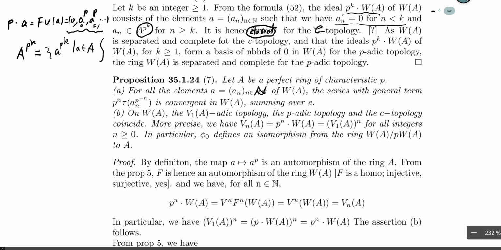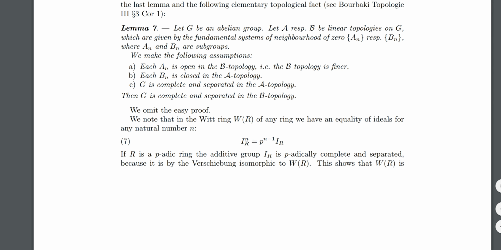We write it clearly. Let's look at this result. You see, G is an abelian group. A and B are linear topologies on G, given by fundamental systems of neighborhoods of 0, An and Bn, where An and Bn are subgroups. In our case, we first have the p-adic topology, and we have the C topology.